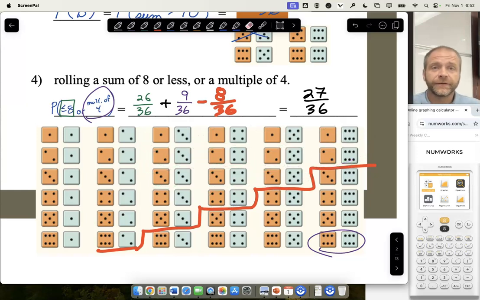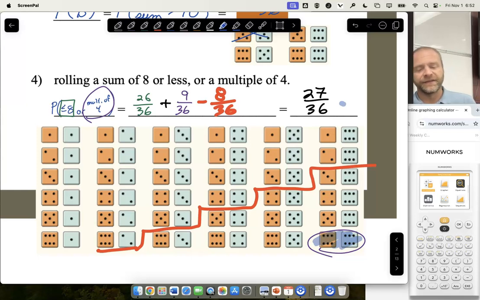All of those are less than or equal to 8. That was 26 of them. Notice I only added in one more circle outside of that. 26 plus 1, 27.